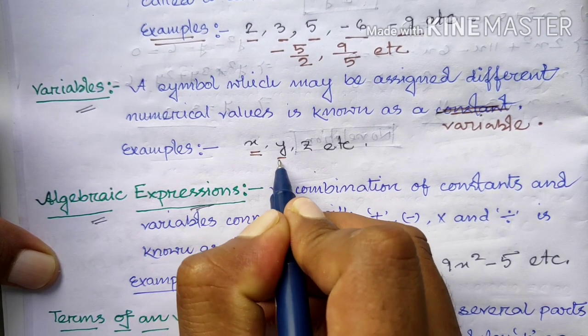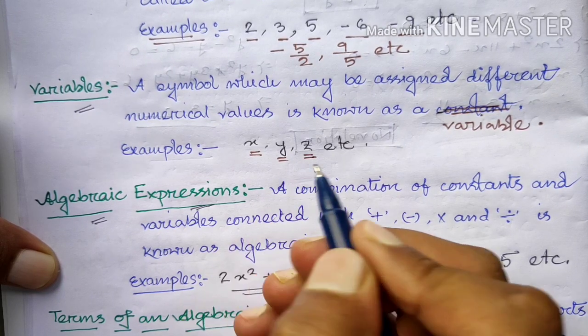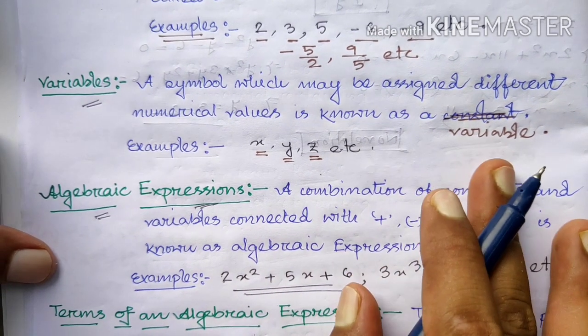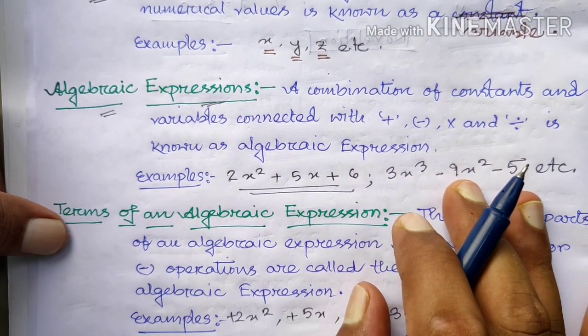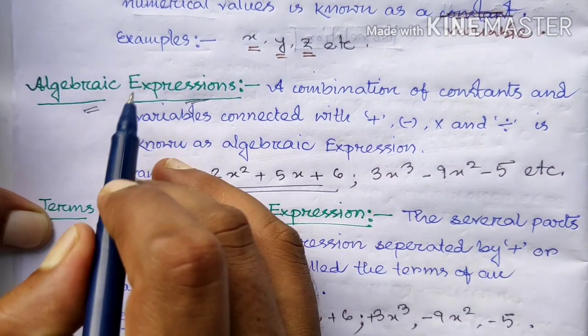For examples x, y, z. You may get many different values for different values of x, y, z.